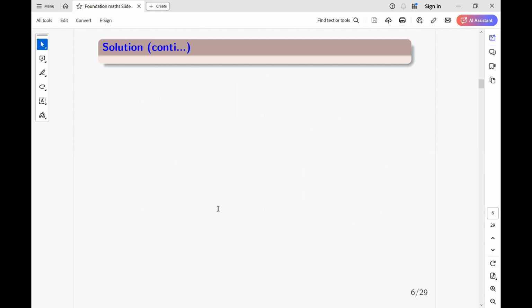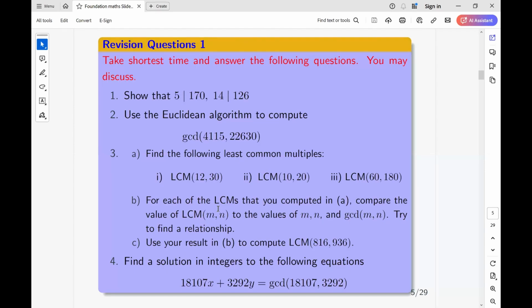And the last part says, use your result in B to compute the LCM. So what is the result that we found in B? The result we found in B is that given two numbers M and N, we discovered that the product of these two numbers is the same as the LCM of these two numbers times the GCD of these two numbers.